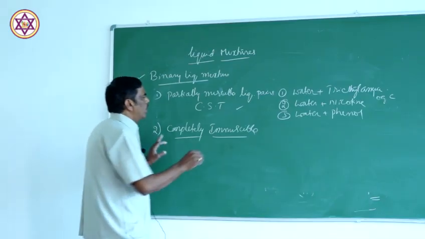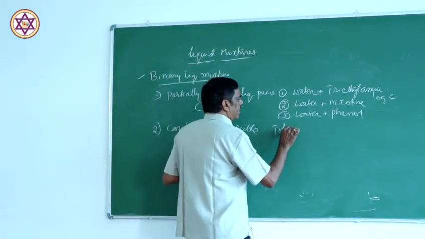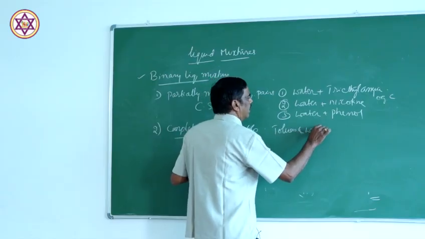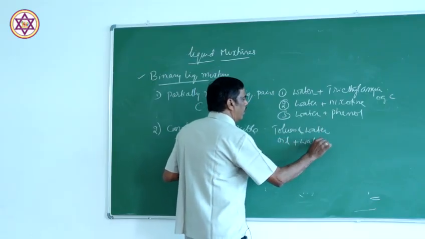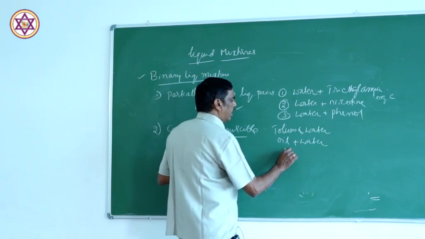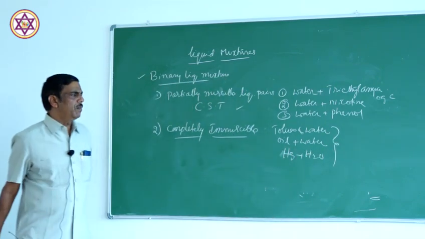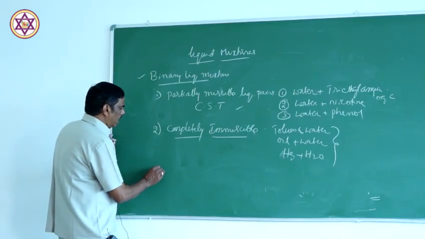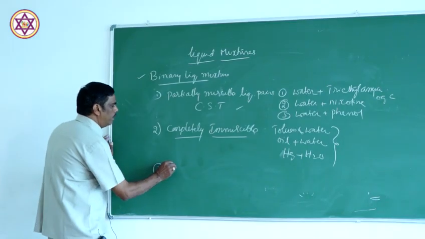For example, you can take toluene and water, oil and water, mercury and water. These are completely insoluble.